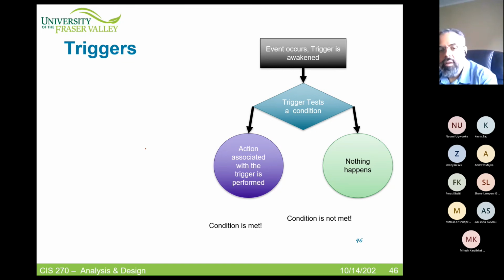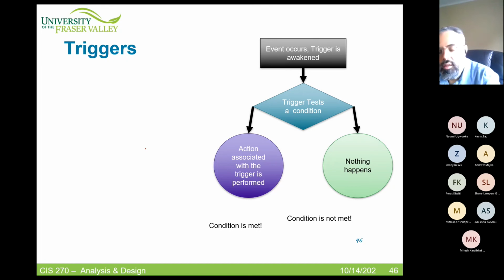If we are talking about a database, what will the event be? Either you insert new data, or you delete data, or you update data, or you select data. So the event will be one of these four in this case.